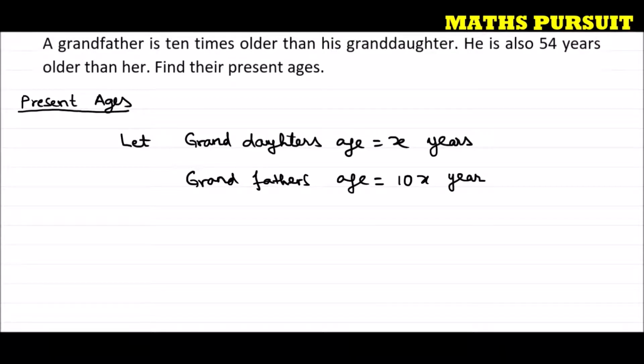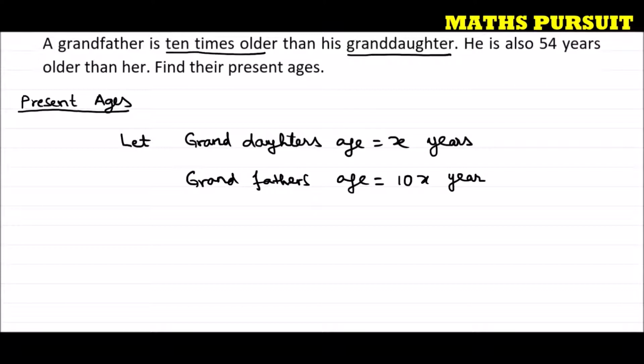How 10x? This is what the question has given us: 10 times older than his granddaughter. So if granddaughter's age is x years, grandfather's age is equal to 10x years.